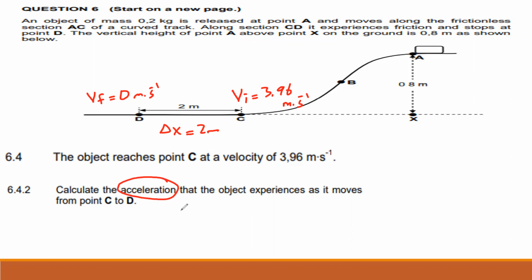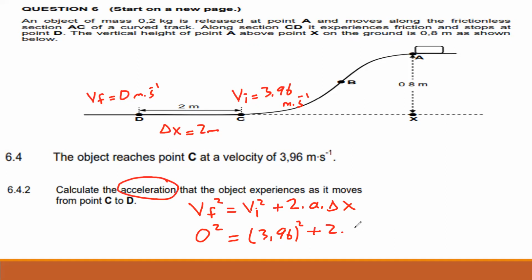For now, asking acceleration, this formula is best. If you don't know time, you can use this formula to get acceleration. Let's write what we know: 0, V final, and 3,96 plus 2 times a times 2.